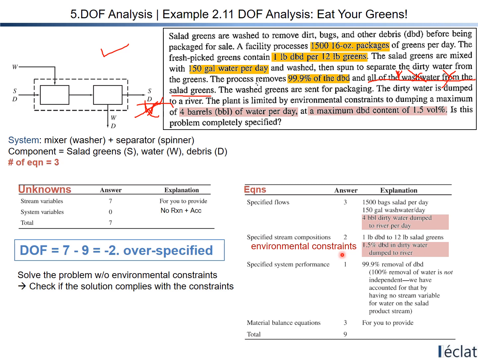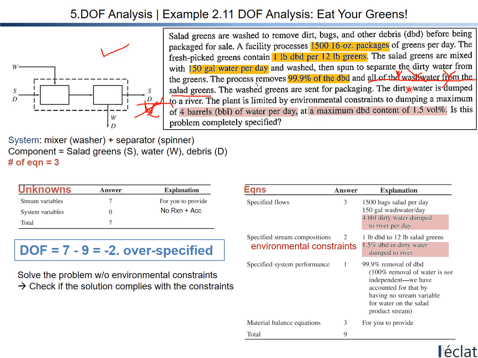How about the system performance specification? 99.9% removal of debris could be done inside of the system. That is the first system performance specification. Actually, we have one more thing. 100% wash water is removed from the process.